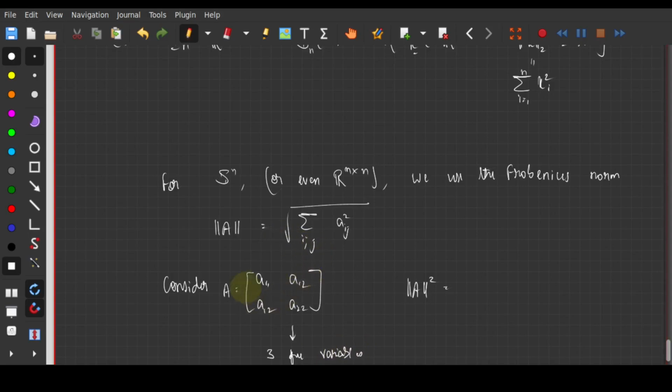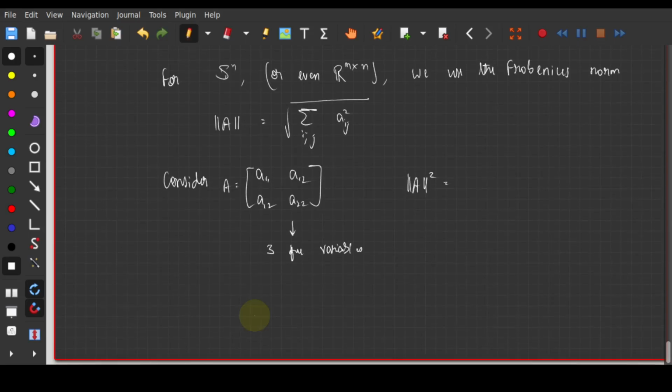If you looked at the vector A11, A12, A22, these are the 3 free variables, so I could view this as a point in R3. In R3 that's a sphere, but if you look at the Frobenius norm of A, it's going to look like an ellipsoid.